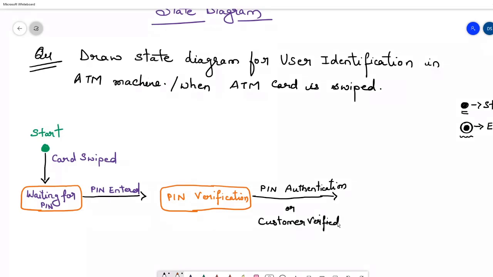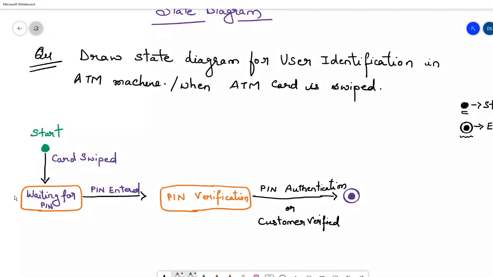It depends what you want to write here. Now, after this, we would have a final state, that is the end.